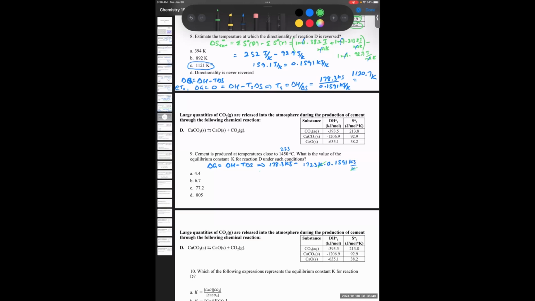We have delta G to be 178.3 kilojoules minus, let's see, 1723 multiplied by 0.1591.